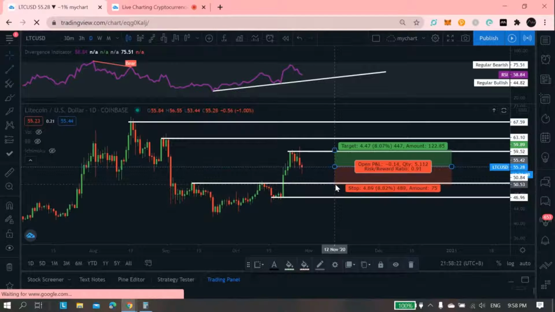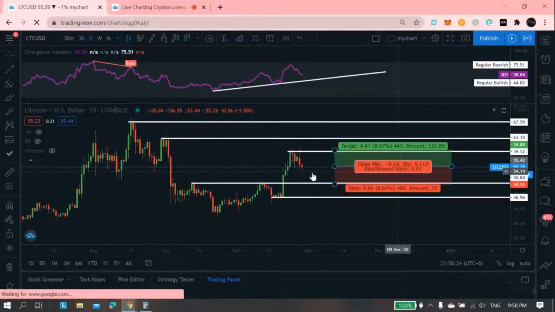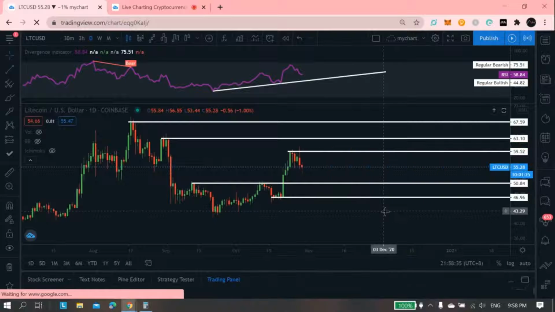But the risk reward ratio is not that good for me at this rate. If entering this trade at daily time frame, it might not be attractive because it's only 0.91. But risk reward ratio depends on the trader. So let me check on this.